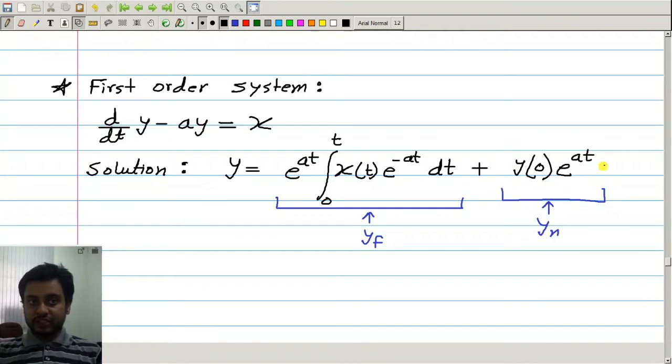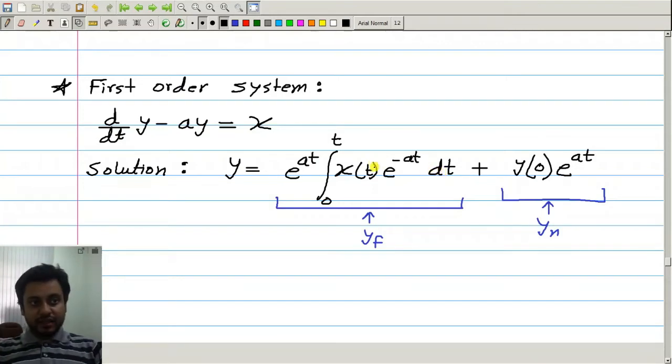Natural response is given by y0 multiplied by e to the power at, and this a comes from this a, and the forced response has this form: e to the power at times the integration of input multiplied by e to the power minus at dt.